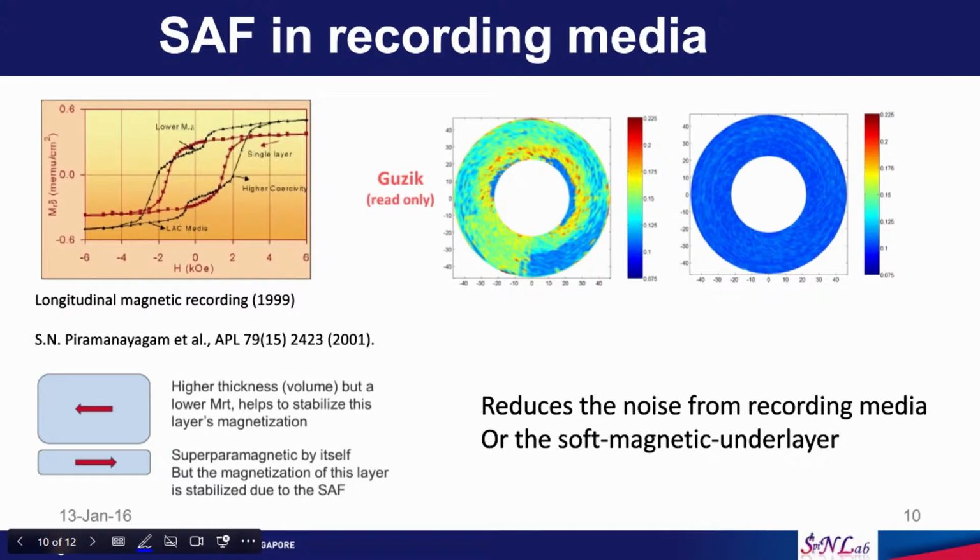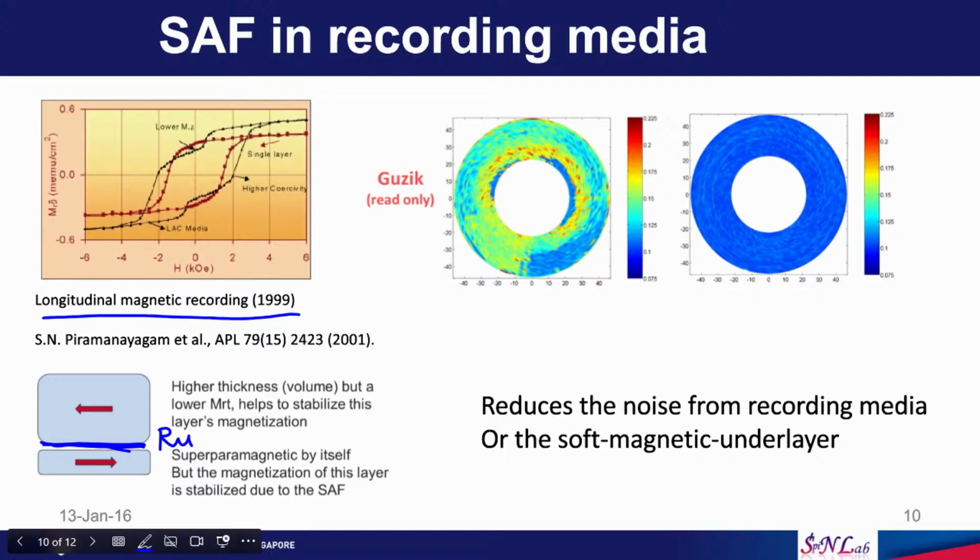The second use is in recording media. In some earlier forms of recording media, longitudinal magnetic recording, people used, instead of one recording layer, two recording layers separated by ruthenium, so they have antiparallel coupling. Because of that, there is some benefit which we do not go into in detail.